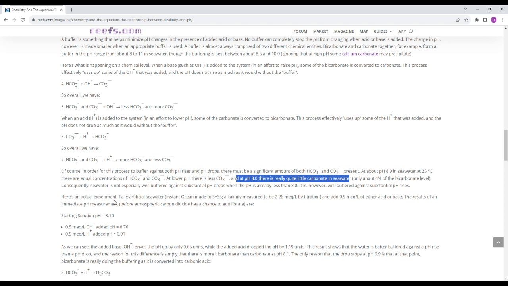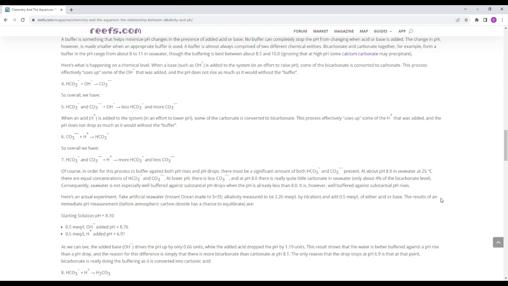Here's an example. Here's an experiment. Take artificial seawater, S35, with alkalinity measured to be 2.26 mEq per liter by titration, and add 0.5 mEq per liter of either acid or base.